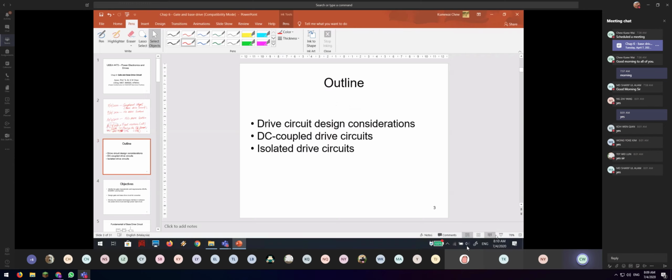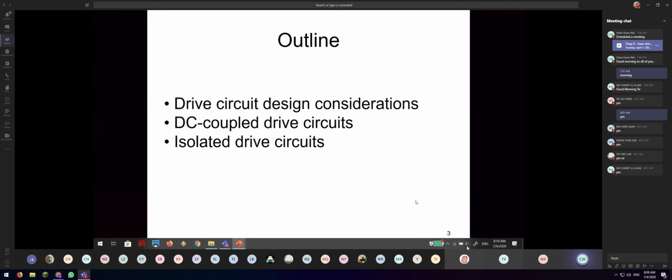So any questions from the floor? If no question, then I will continue with this last chapter. I will just go through it very quickly, because the base drive circuit is normally already done by those chips, the IC. The IC chip can provide a high-precision and reliable drive signal, the PWM.